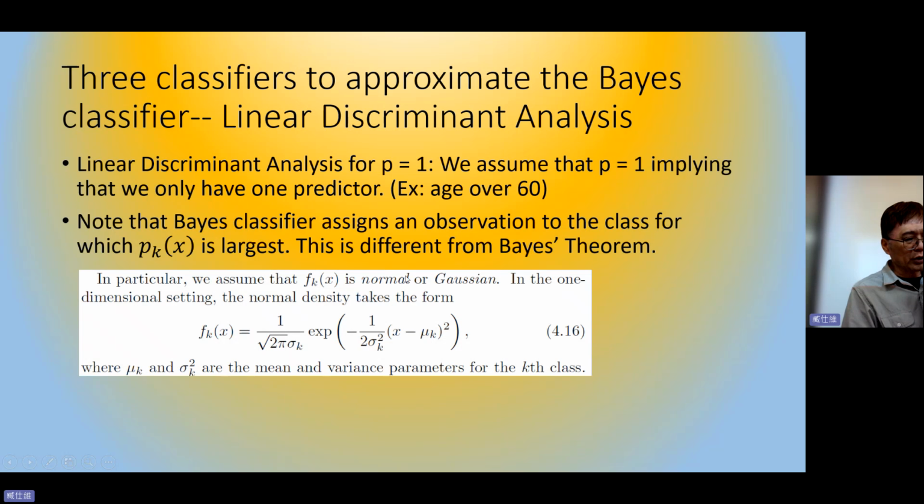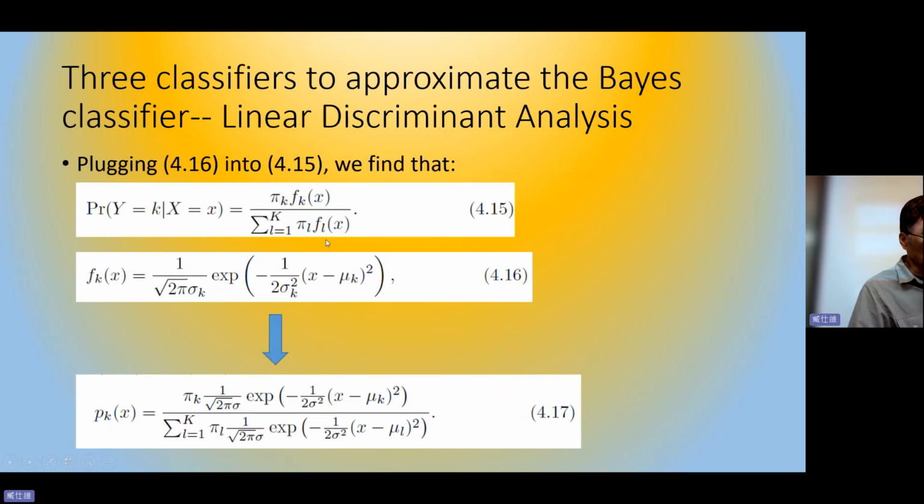So here we have the simplest assumption for f_k(x). That means we can assume that f_k follows a normal distribution. Then we can just do some transformation.